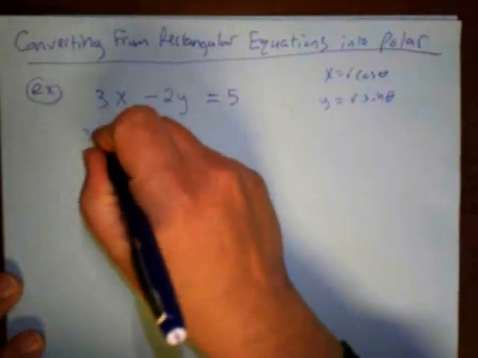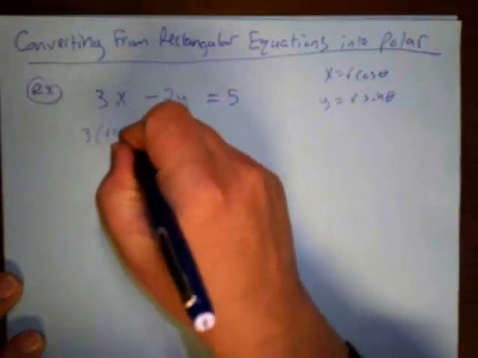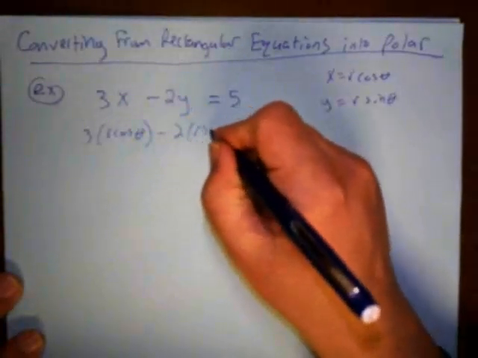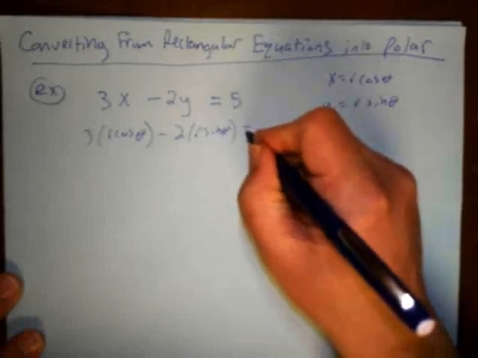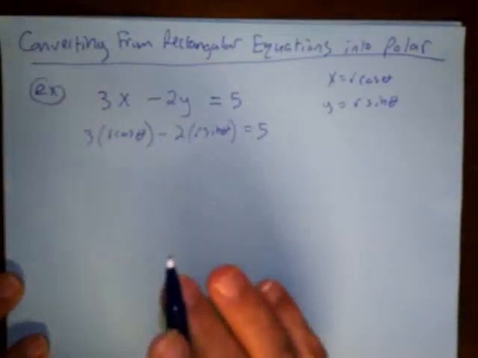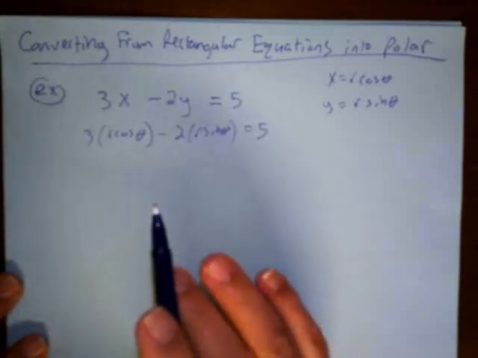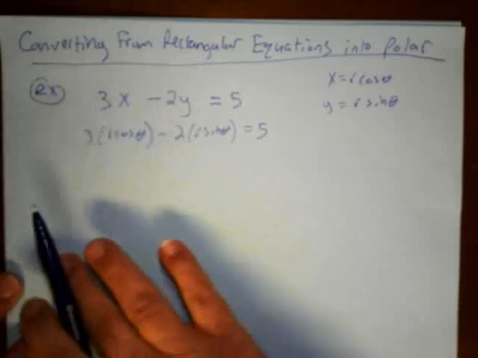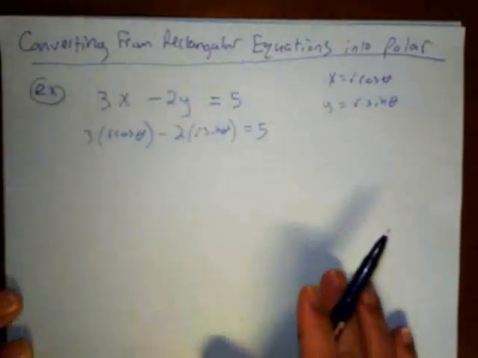Okay, so let's start by doing that. So we're just plugging these in for x and y. And then what you want to do is solve for r. Okay? So you have r on one side and everything with a theta on the other side.